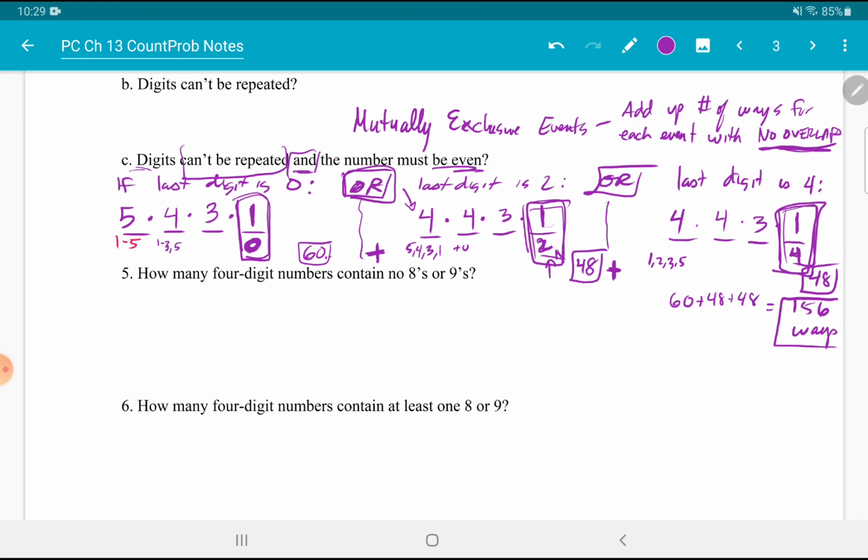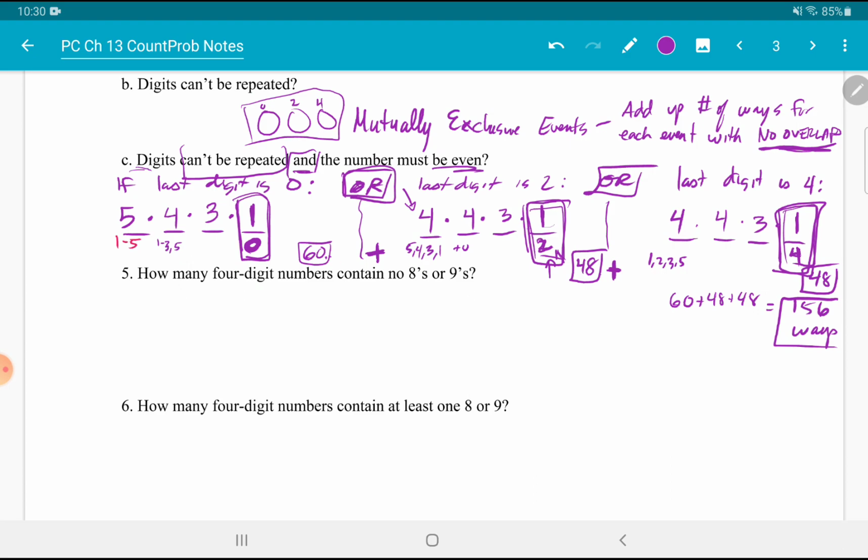So there's no overlap. And what I mean by no overlap is every item is kind of unique in its own way. You have the even number with 0 at the end, you have a unique even number with a 2 at the end, and you have a unique number with a 4 at the end. So those even numbers have no commonalities where they would overlap, like in a Venn diagram.